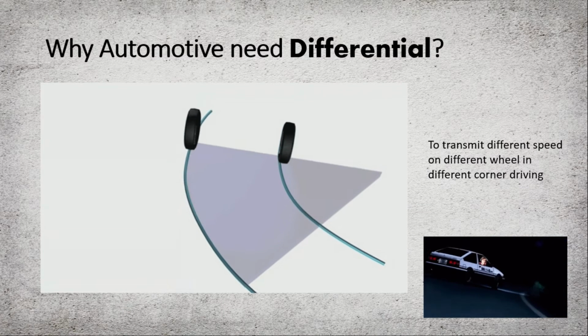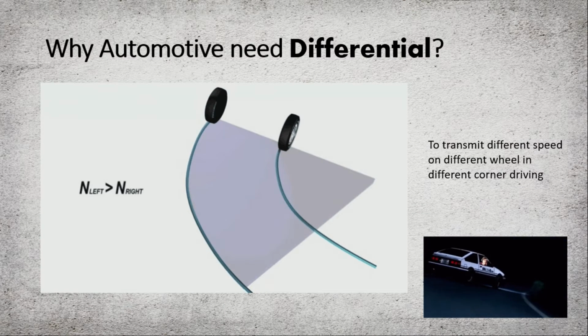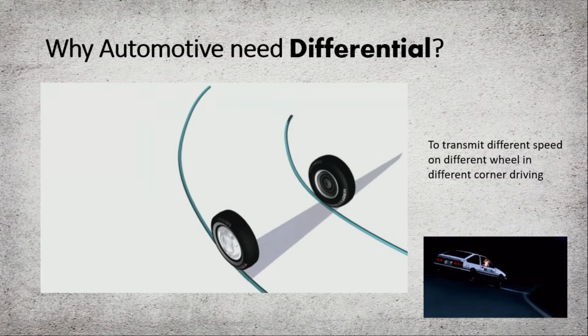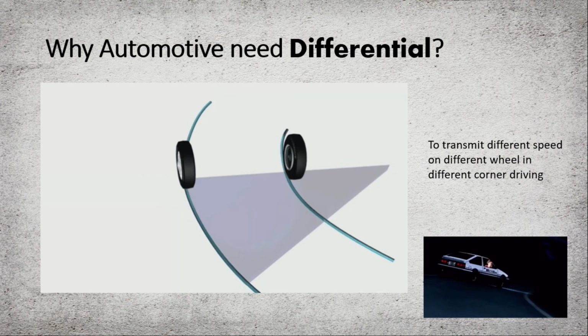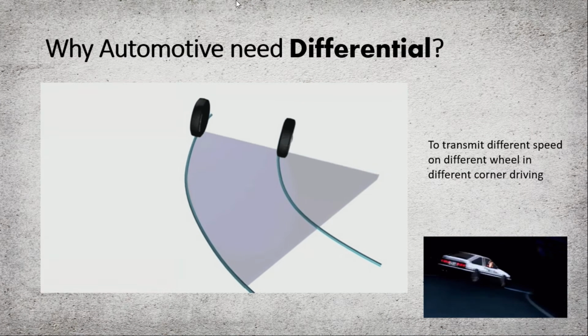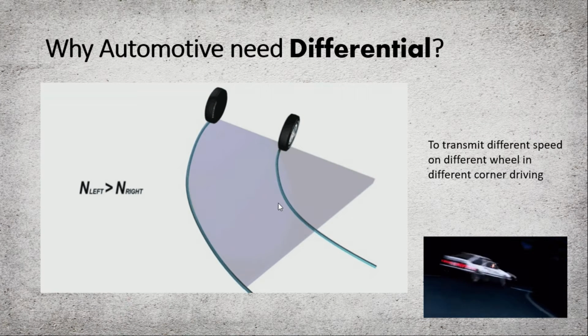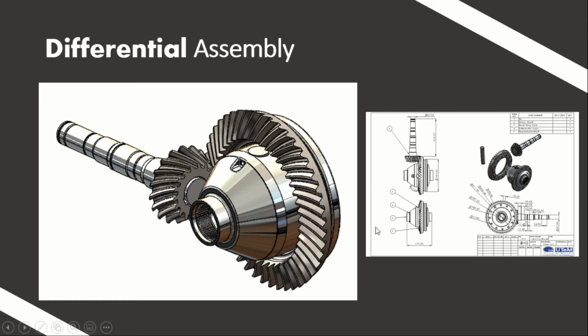In this assignment, we are going to use the differential to simulate and apply different materials to see the tensile strength, the displacement, and so on. For the differential assembly, we drew 5 parts.